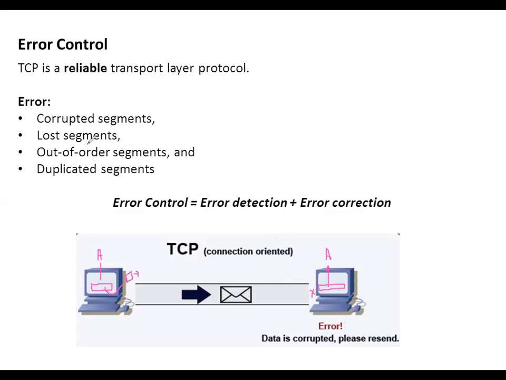Lost segment occurs when there is congestion in the network. As we had discussed in the previous video, the various intermediate nodes in the network maintain a buffer, wherein every incoming packet will be stored temporarily. This incoming packet will be processed by the intermediate node and then forwarded to the next node.